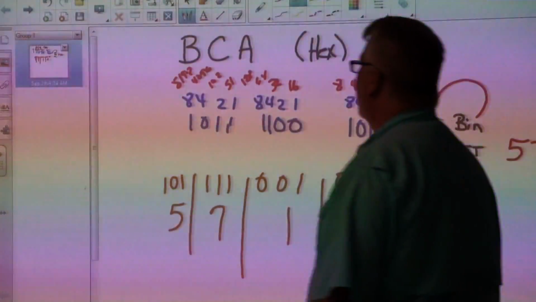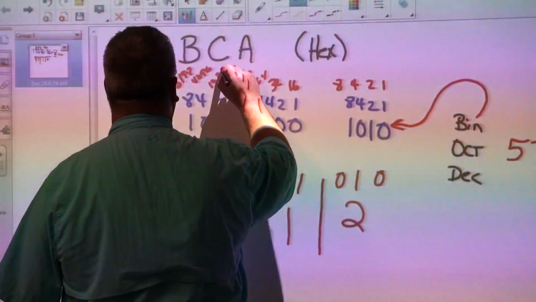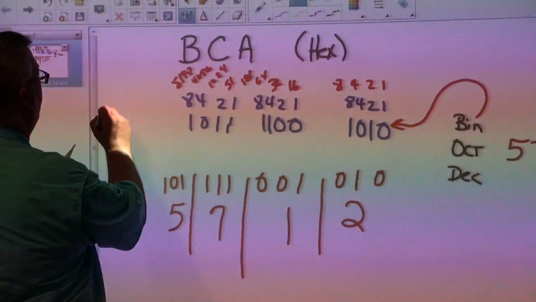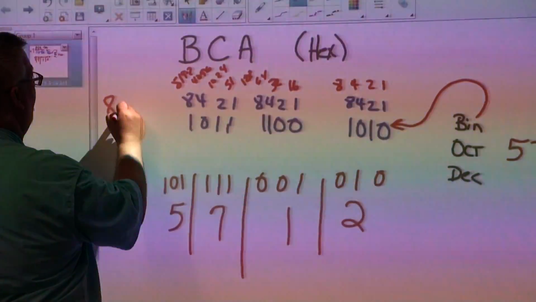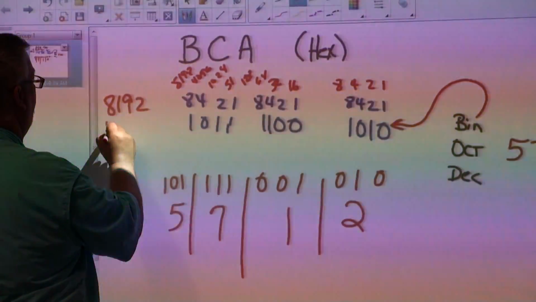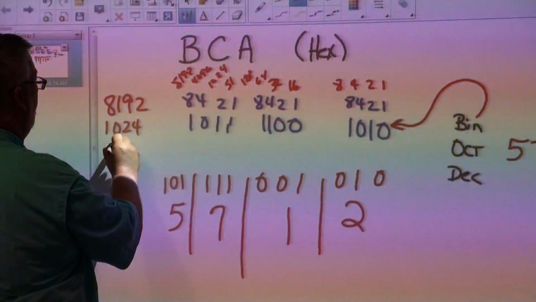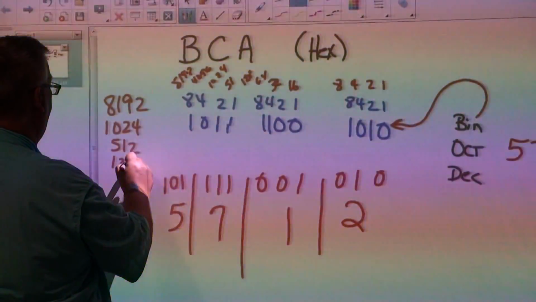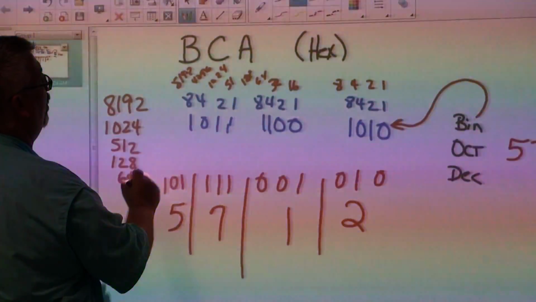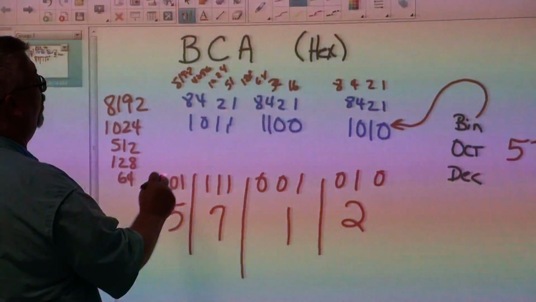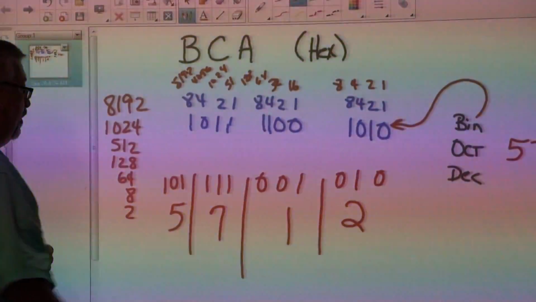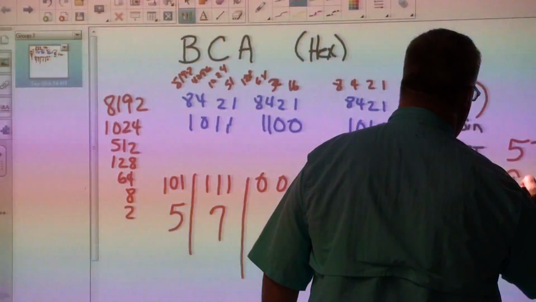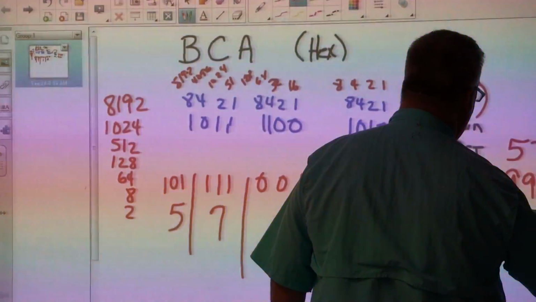I'm going to let somebody with a calculator do that for me, but we basically are adding up 8192 plus 1024 plus 512 plus 128 plus 64 plus 8 plus 2. 9930.